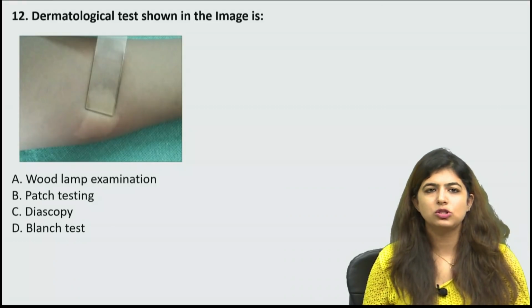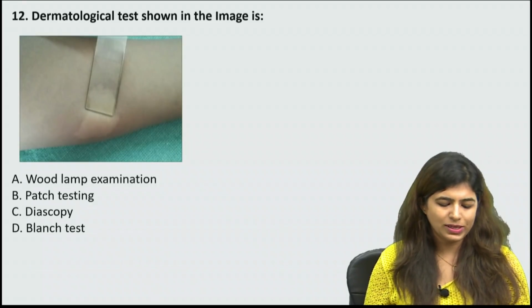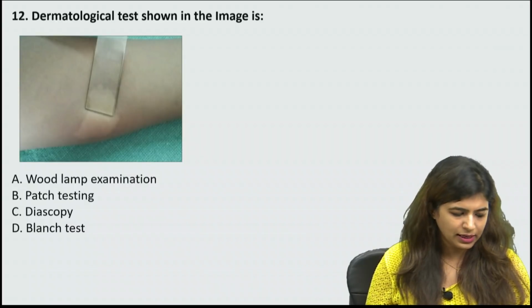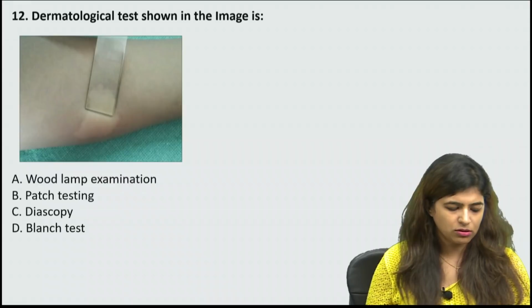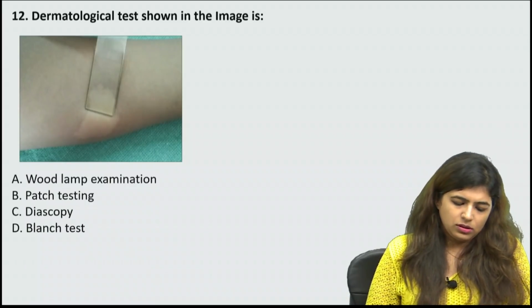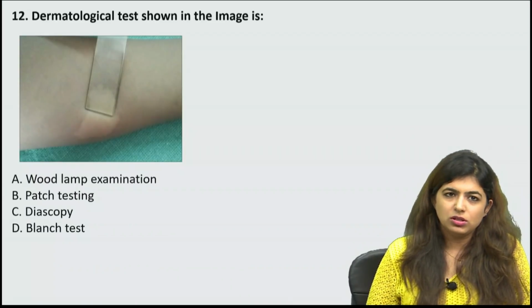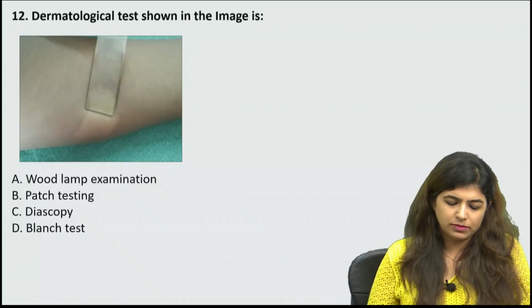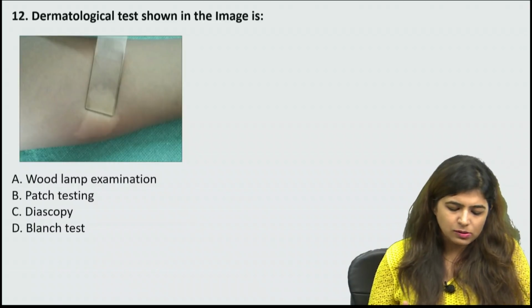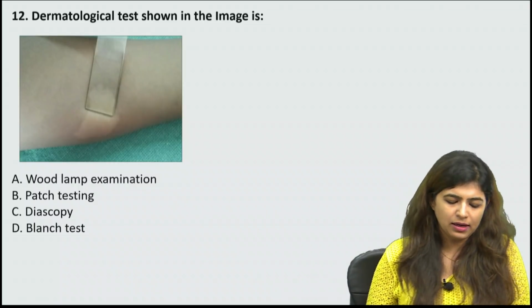Coming to question number 12. In question number 12, this is again an image based question. Dermatological test shown in the image. So what do you see in the image here? I see that there is probably a lesion on the arm or the thigh.